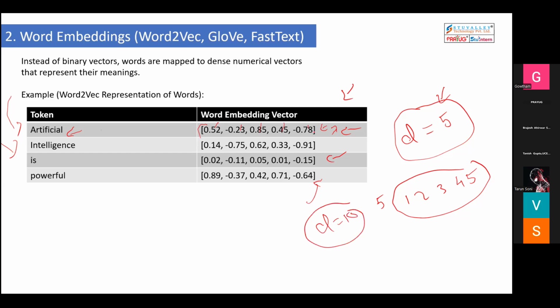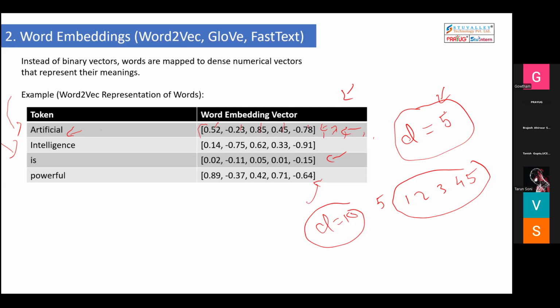It means you can add more dimensions here, so that people get more views or understanding about this. How many dimensions depends totally on you; if you are training your model, the more you use, the better accuracy it will give. Here we took d equal to 5, meaning 5 dimensions for each word. So this is what happens in word2vec.